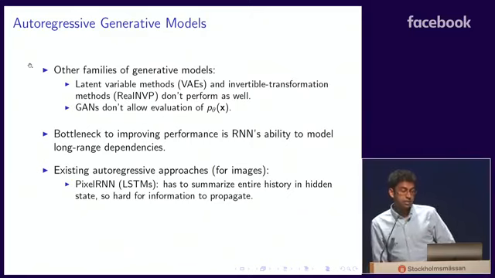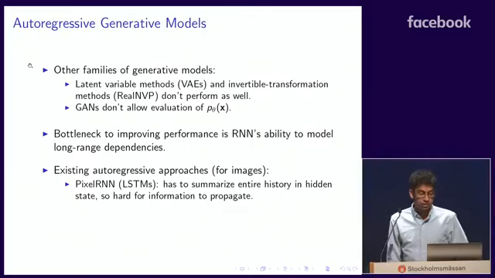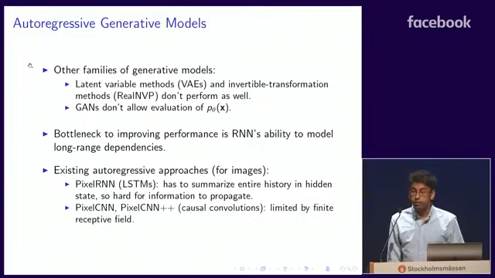In existing autoregressive approaches, such as Pixel RNN for images, which uses LSTMs, LSTMs have to summarize the entire past sequence into one hidden state vector, so it's very difficult for information to propagate long distances. Another option is Pixel CNN, which uses causal convolutions.